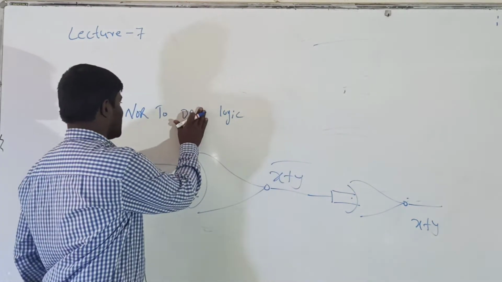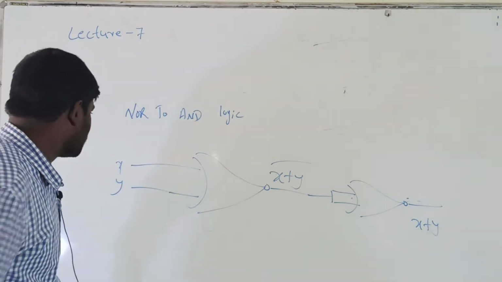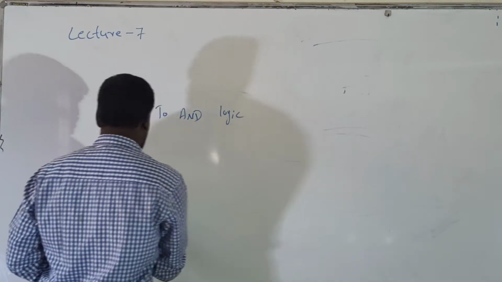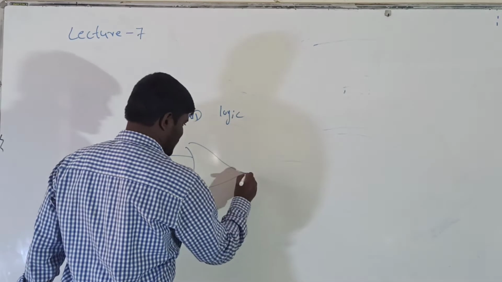Okay, last one is NOR to AND. So NOR to AND means first separately you can draw the NOR gate.